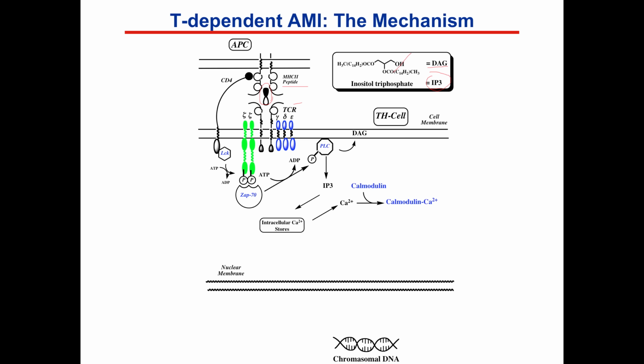This calcium then binds to another protein called calmodulin, which binds calcium very tightly, and essentially allows the calcium to be useful as a signaling molecule. The calmodulin is now going to bind to a very important molecule. That molecule is calcineurin, and we're going to see this later because inhibition of calcineurin turns out to be important for the development of immunosuppression.